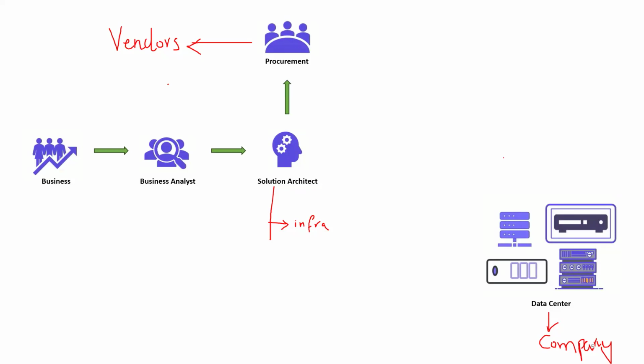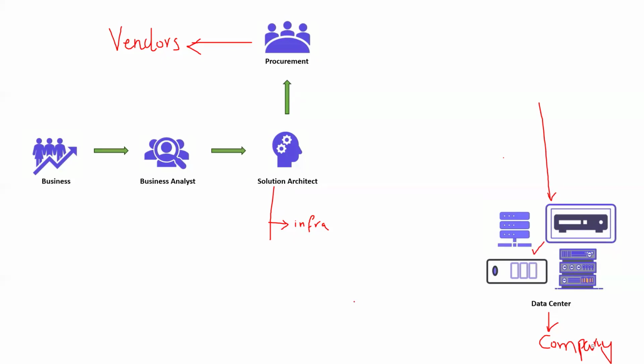Now the vendors team will take days, sometimes weeks, or even months for the hardware to be purchased and delivered to the data center. So whatever infrastructure they want for the application deployment, if it is already available in the data center, they don't need to worry about it.